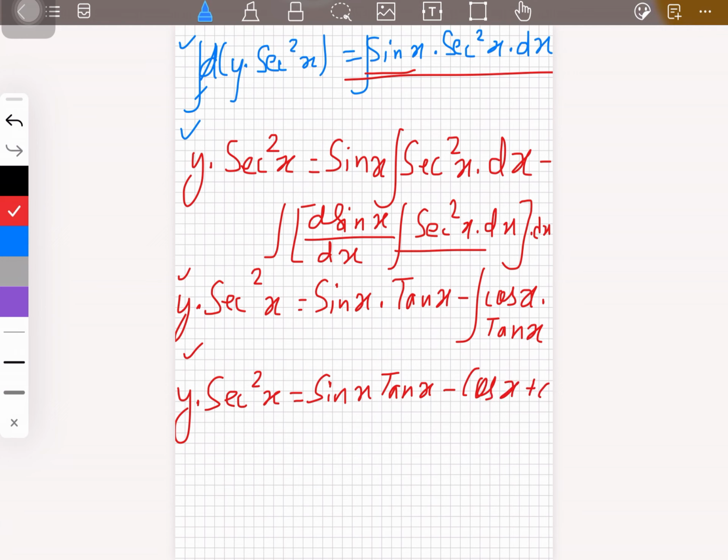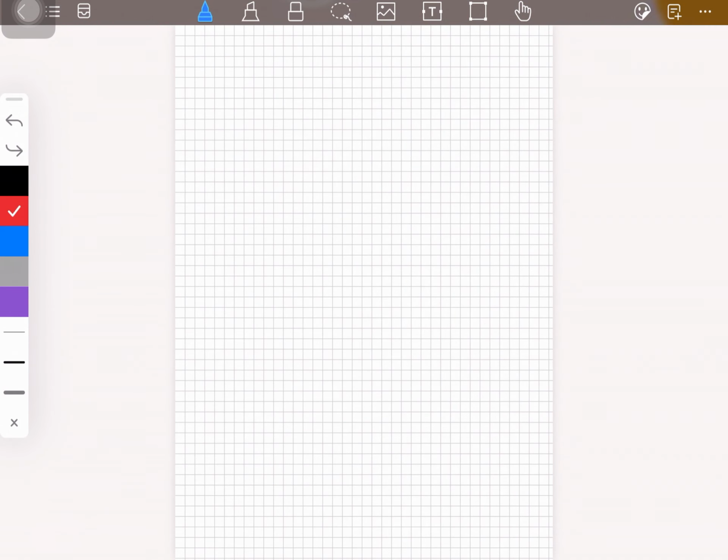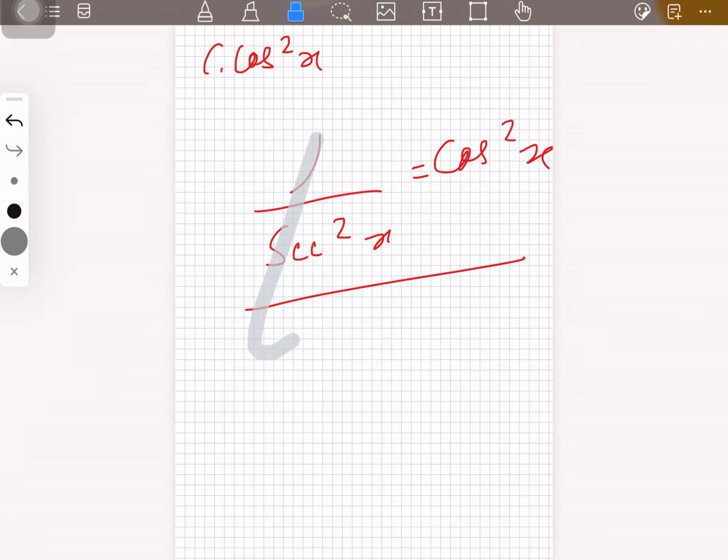You can leave your answer in this form as well, but let's send sec square x to the other side. So y is equal to sine x tan x over sec square x minus cos x over sec square x plus c times cos square x. So 1 over sec square x is of course cos square x, so that's what I have done over here.